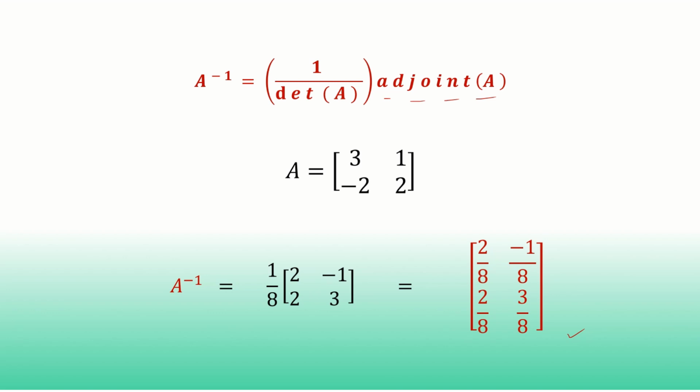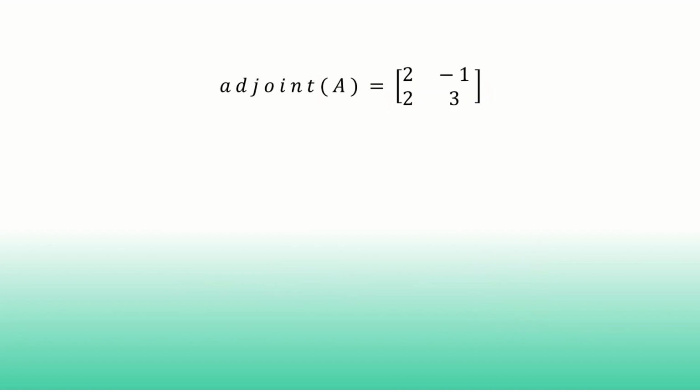That means this method not only works for 2 by 2 matrices, but is also useful for 3 by 3 matrices. The method that we used for 2 by 2 matrices in the previous video will not work for 3 by 3 matrices. So let us just begin with how to find out the adjoint.